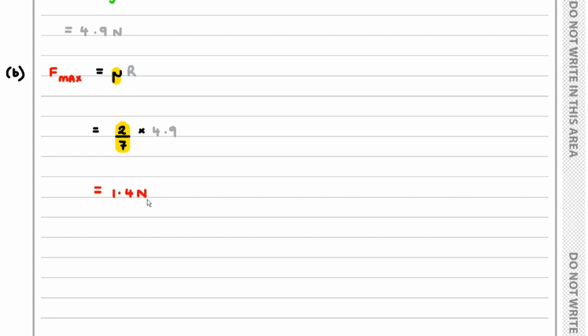So F max is equal to 1.4 newtons, and therefore, resolving horizontally, we would have x equals F max. F max is 1.4 newtons, therefore x is equal to 1.4 newtons.